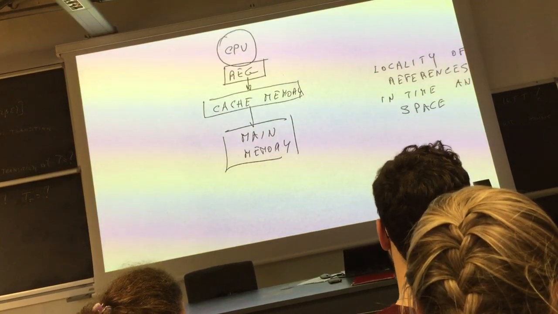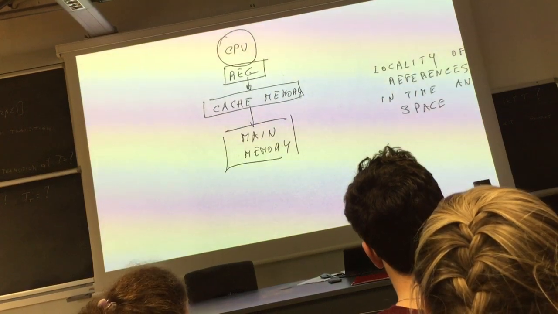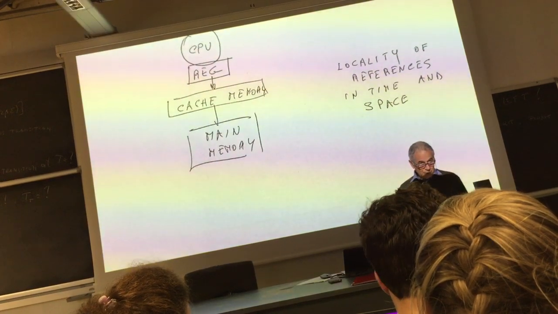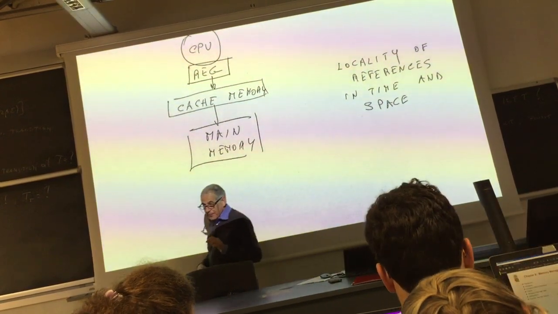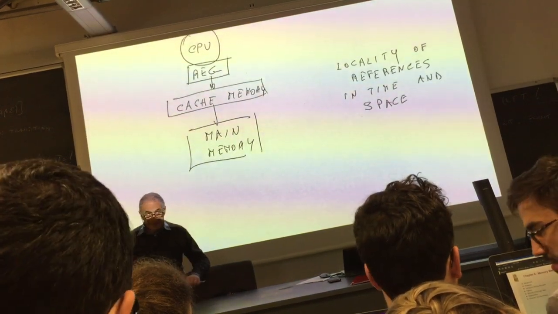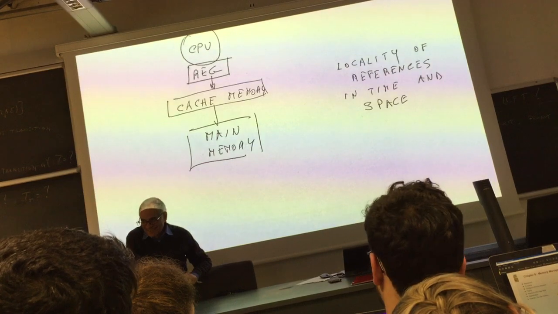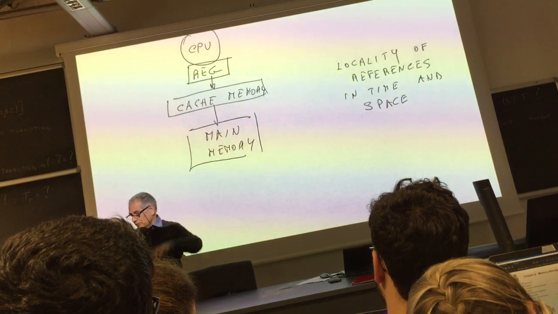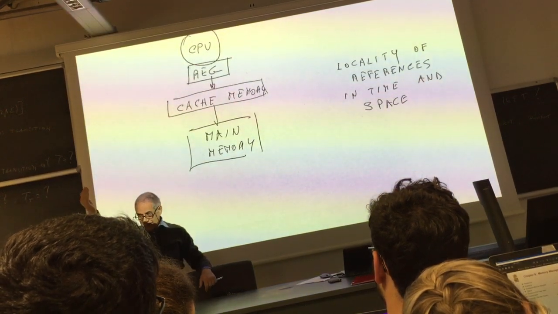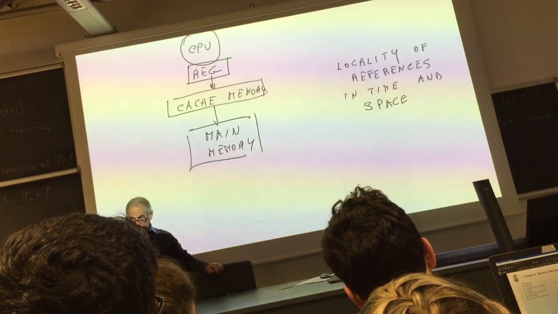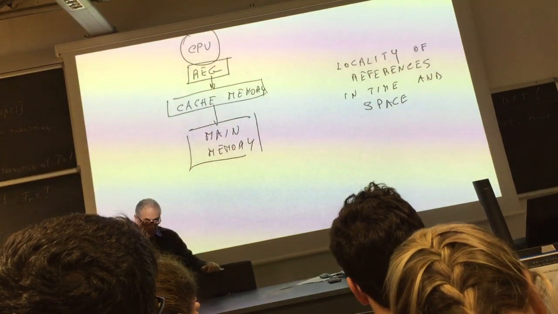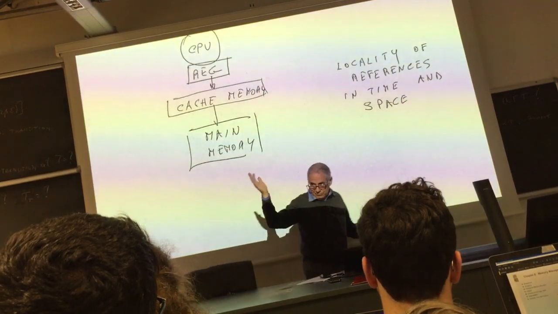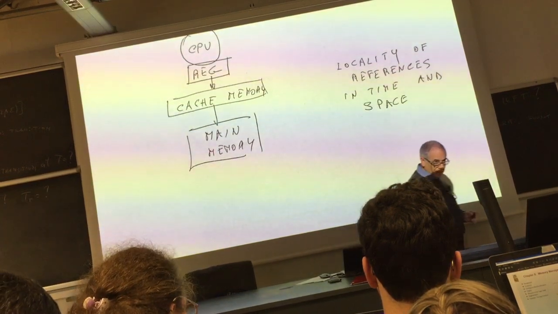What does locality of reference in time and space mean? It means that when you run a program, the program counter doesn't jump randomly. Typically the pattern of execution is sequential, with a jump when there is an if, and loops, okay? But it is not random.